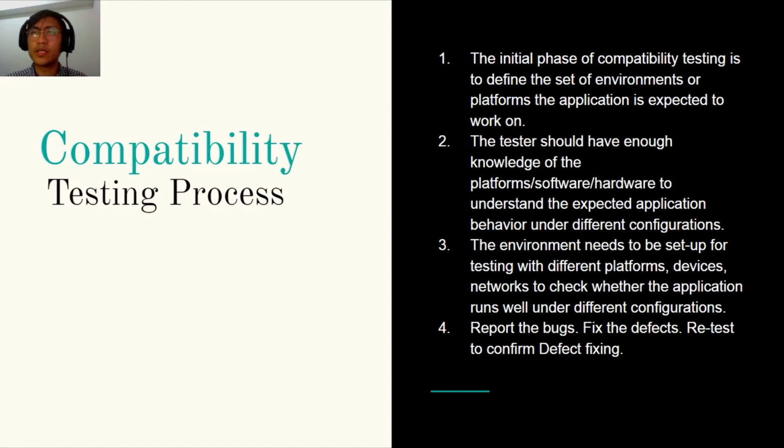Next, the environment needs to be set up for testing with different platforms, devices, and networks to check whether the application runs well under different configurations. And then next is report the bugs, fix the defects, and retest to confirm the defect fixing.